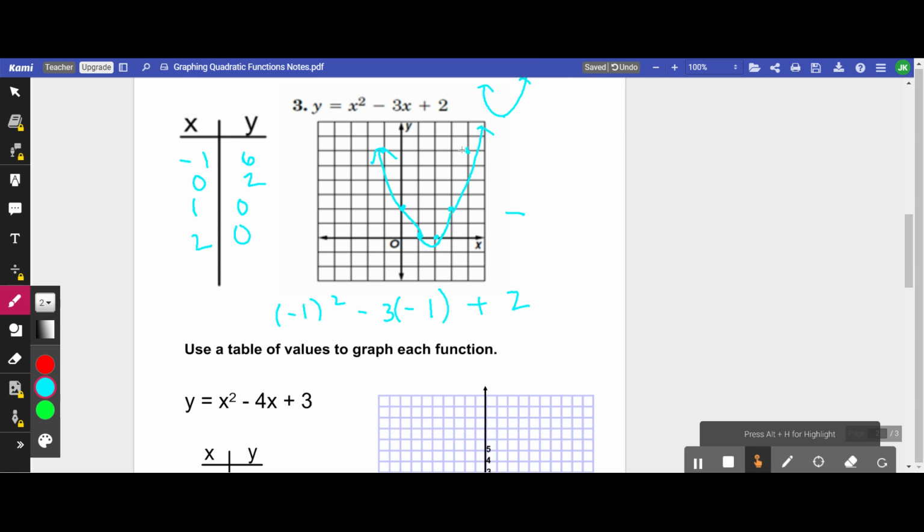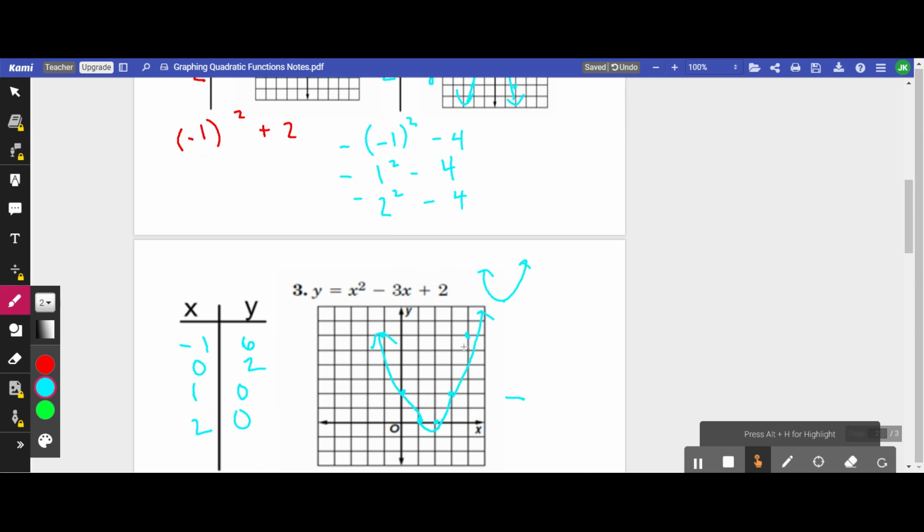It'll come between them there. So yeah, that's how that graph will look.